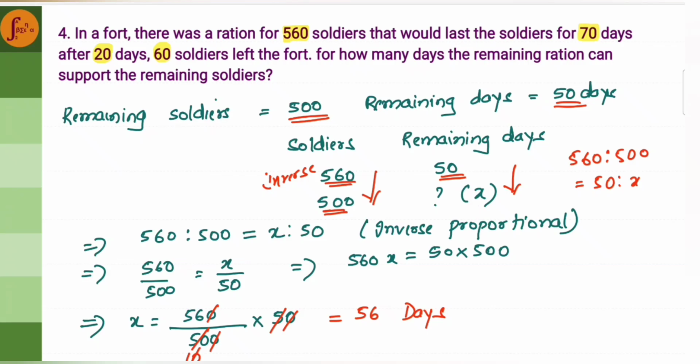So, in the case of inverse, you will have to reverse one of the parameters. It doesn't matter which one. You can reverse it as 500 is to 560 is equal to 50 is to x, or you can say 560 is to 500 is equal to x is to 50. You have to reverse one of them, and you can get the x value, which is 56 days.